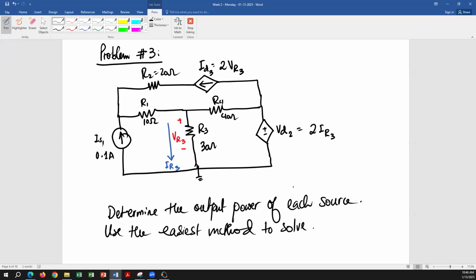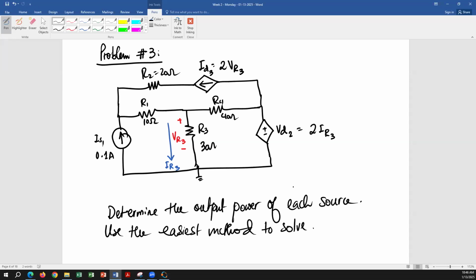In mesh analysis, you're talking about the mesh currents, and you said we already know two mesh currents, which is correct. But if someone asks you, why do we know two mesh currents? What is your answer? Because the current sources are in the outer loop. So the loop current is going to be the current of the current source. That is correct.